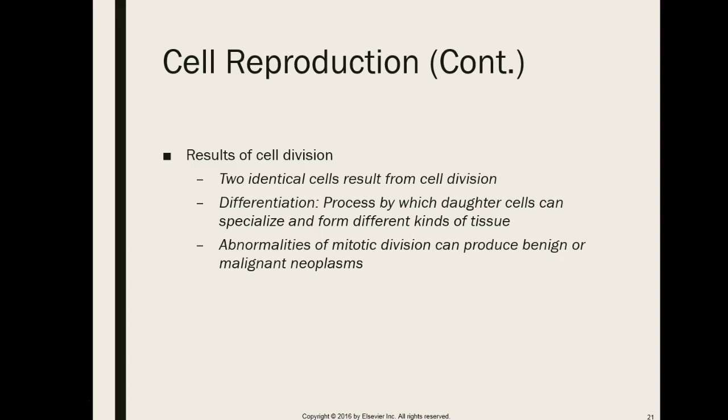If there's abnormalities during these division processes, neoplasms, which are tumors, can occur. So those can either be benign or malignant. Malignant will result in cancer. So this is kind of where that beginning process of cancer cells occurs.